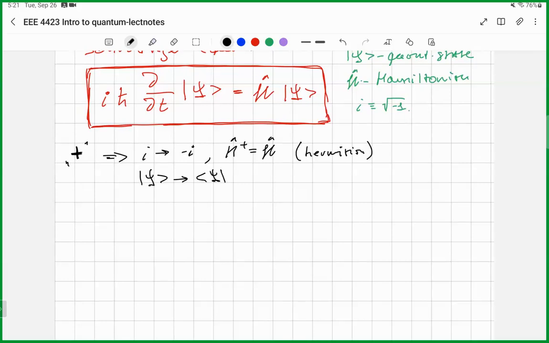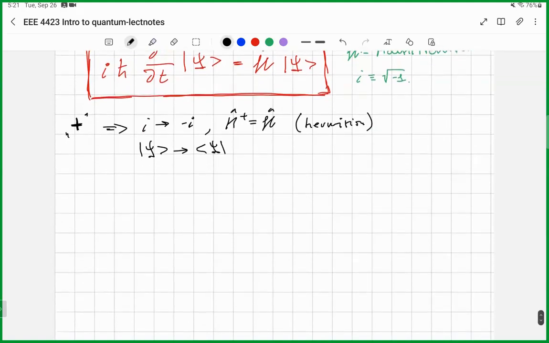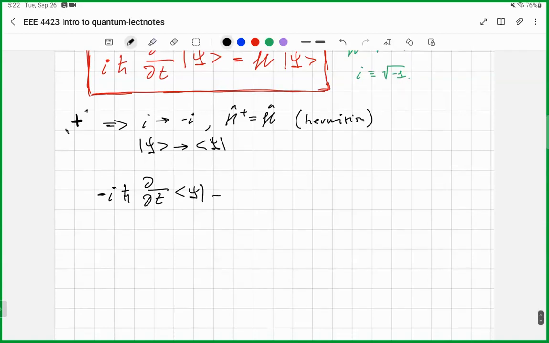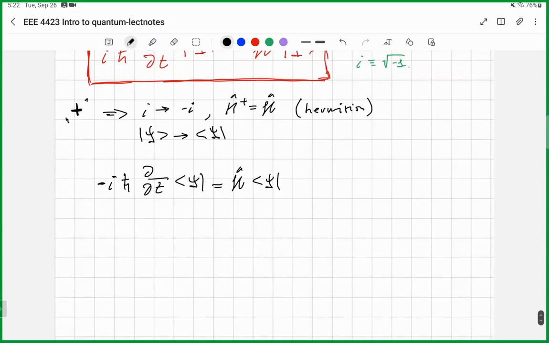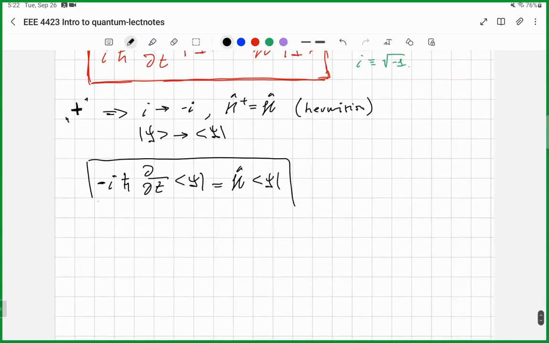The resulting equation will be minus i h bar d over dt of the bra psi equals bra psi H. This is the same Schrodinger equation, but written for the dual vector, the bra vector.